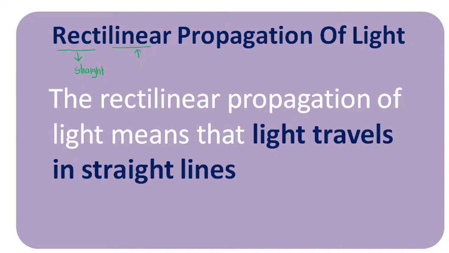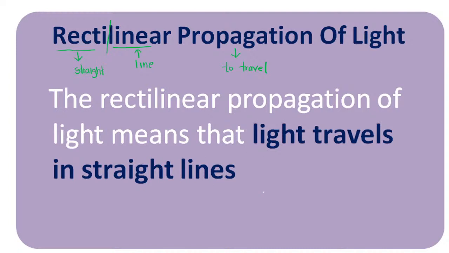Rectilinear means straight line. Propagation means to travel. So the rectilinear propagation of light means light travels in a straight line.